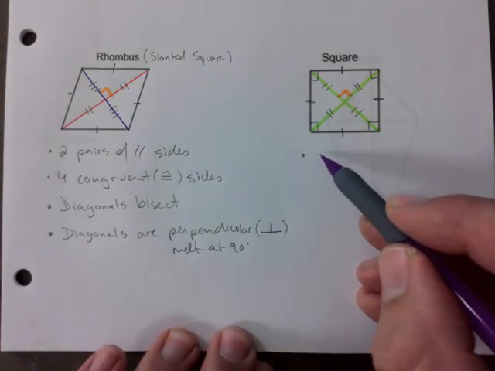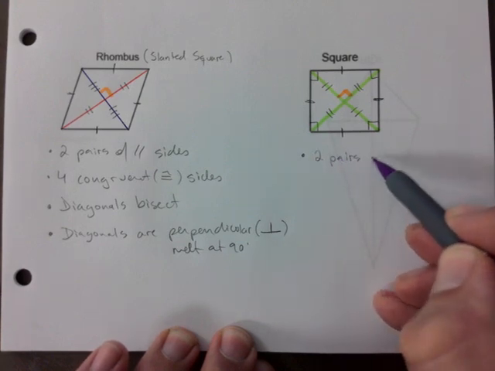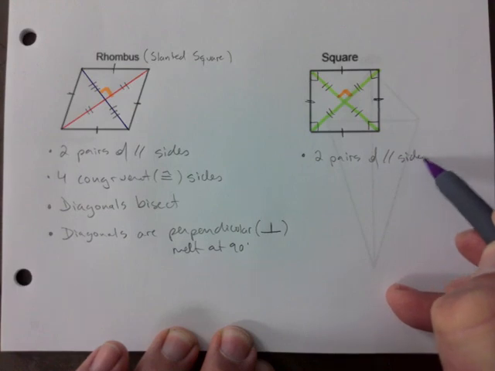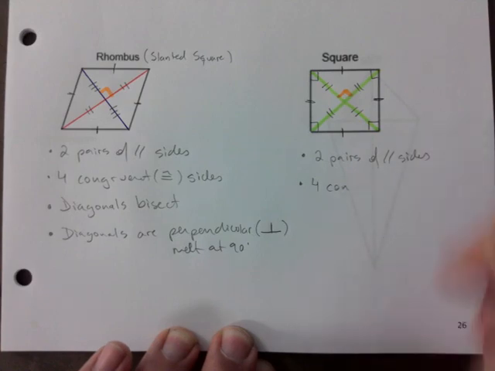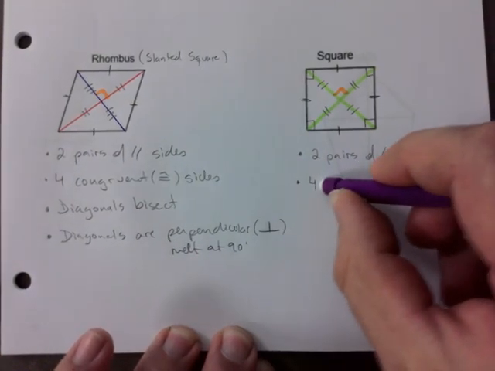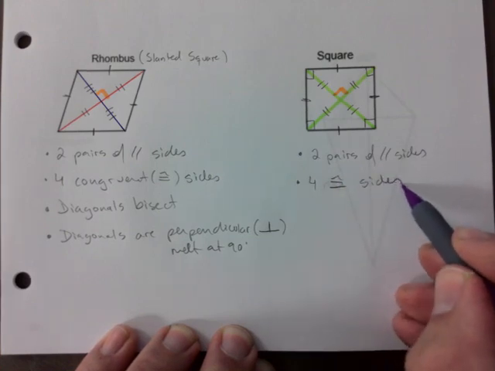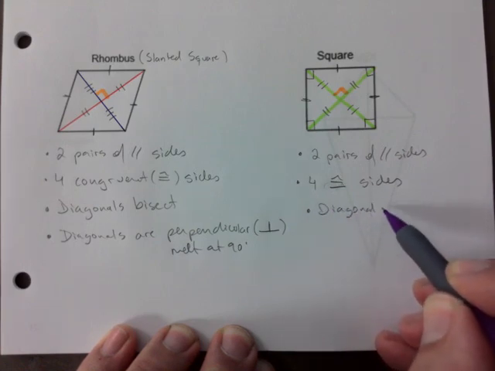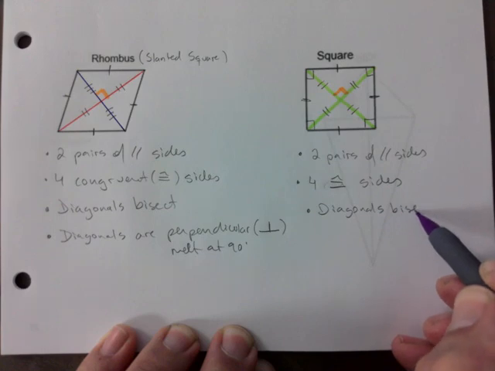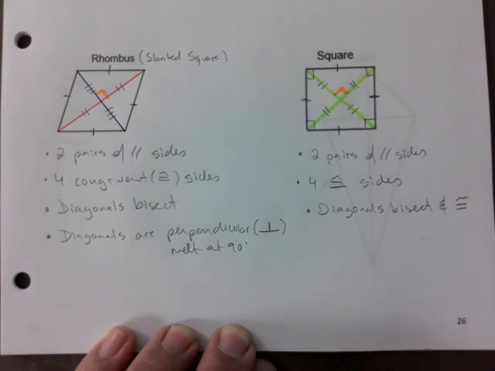Okay. So, I'm missing some labels. I'll do that later. Two pairs of parallel sides. Four congruent. I'm just going to use the symbol for this. Four congruent sides. Diagonals bisect, and watch this, and are congruent.